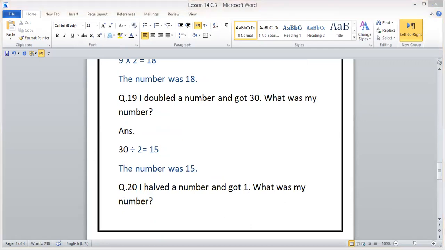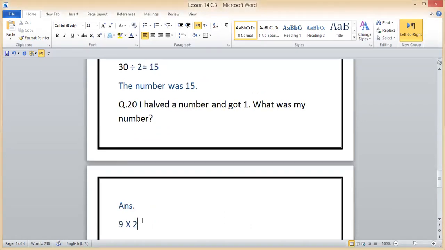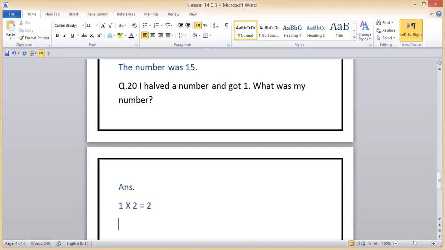Okay, so you will find out the double of 1. For that, you will multiply 1 by 2, and 1 by 2 is 2. So you will say the number was 2. Is it clear, guys?